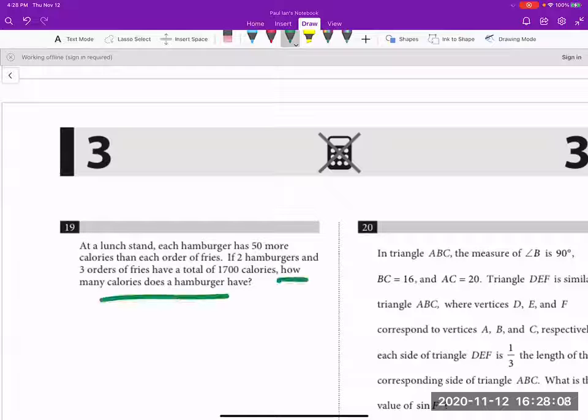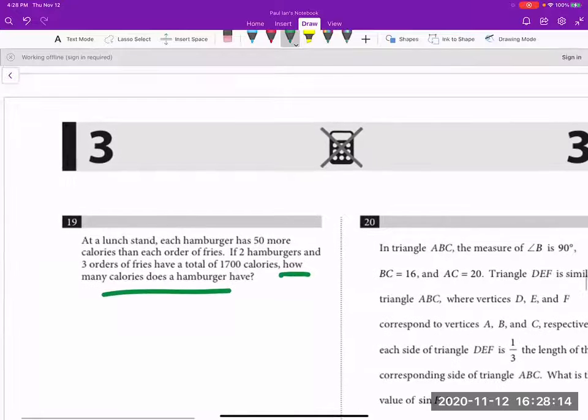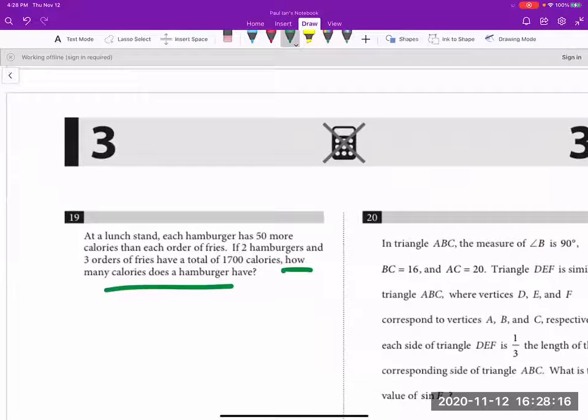How many calories does a hamburger have? So you have to write a bunch of equations.